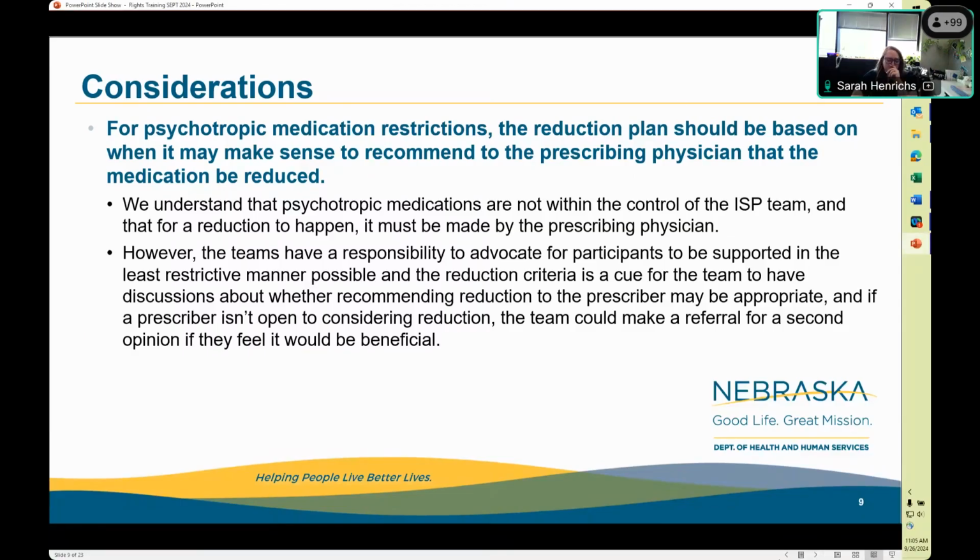They are substantially more likely to be prescribed multiple psych meds across multiple classes than the general population.